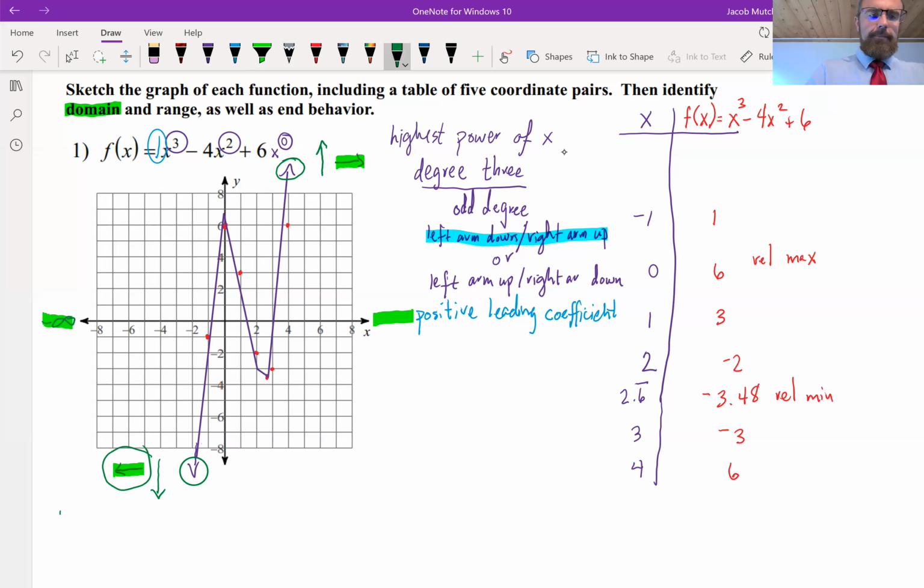So my domain would start parentheses negative infinity. And then on the far right, that we would identify as positive infinity. And from my arrows, I see that that's where we're headed on that far right side. So again, this confirms what we've seen with polynomial functions, is that the domain in general is all real numbers.